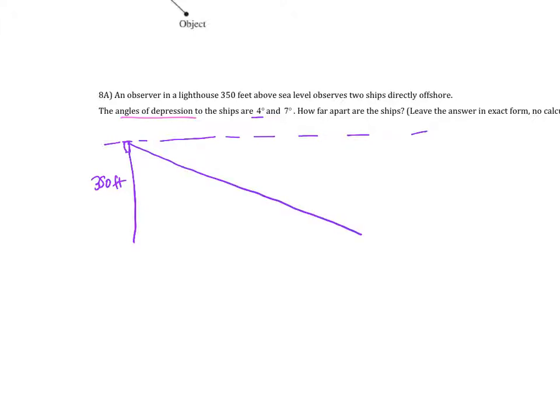That is actually this angle here, 4 degrees, and then it's perpendicular. Then she observes another ship at 7 degrees. So looking a little further down, 7 degrees, that angle would be, let's just say, here. And then we finish the triangle, right angle here, and this angle is 7 degrees, just to get a picture.